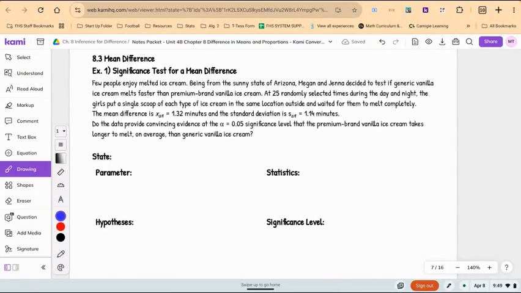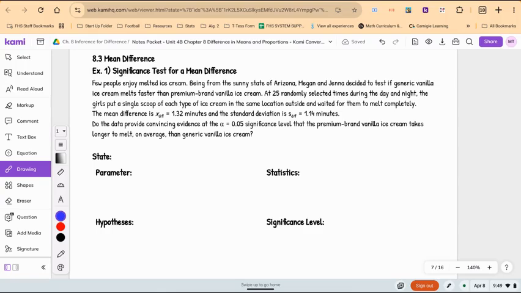So it says a few people enjoy melted ice cream. Beginning from the sunny state of Arizona, Megan and Jenna decide to test if generic vanilla ice cream melts faster than premium brand vanilla ice cream at 25 randomly selected times during the day and night. The girls put a single scoop of each type of ice cream in the same location outside and waited for them to melt completely.